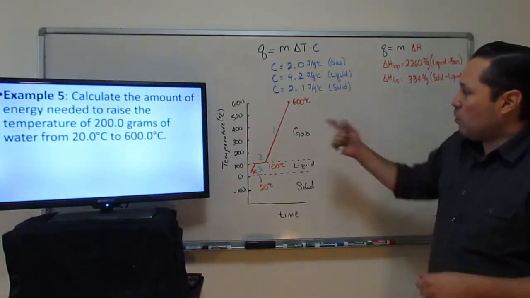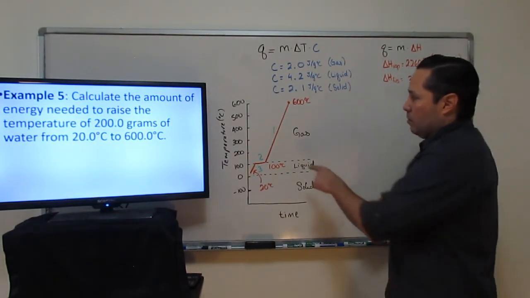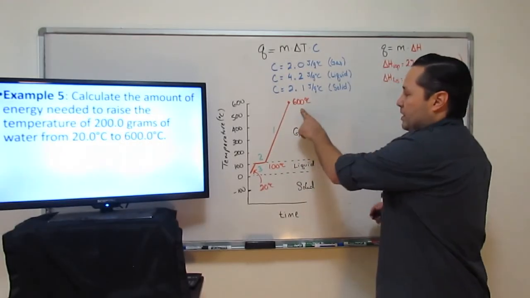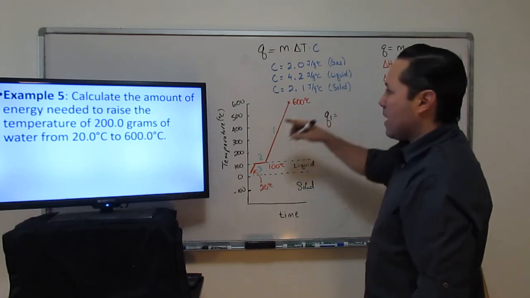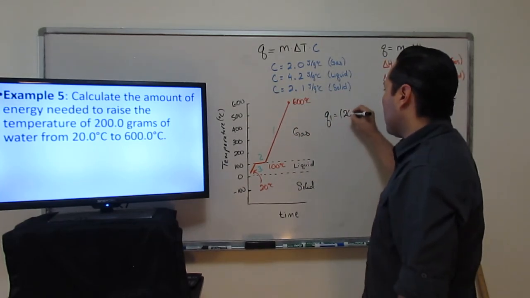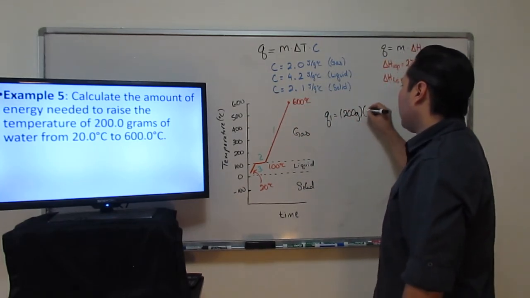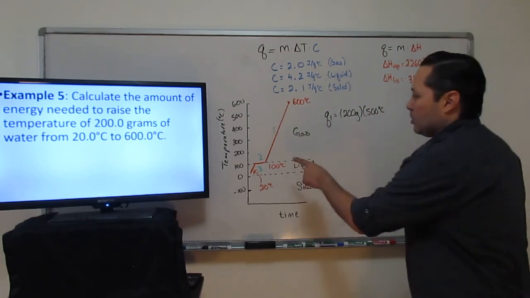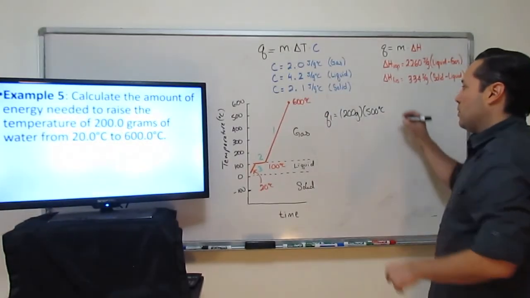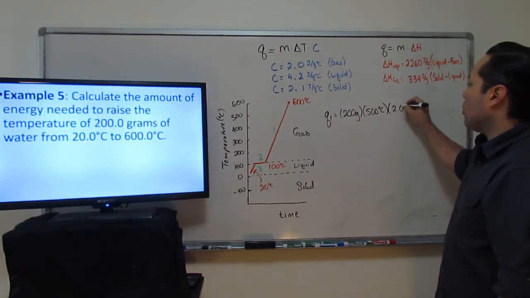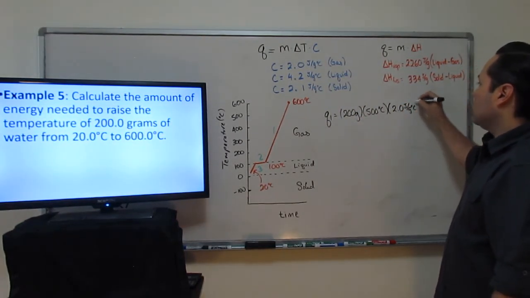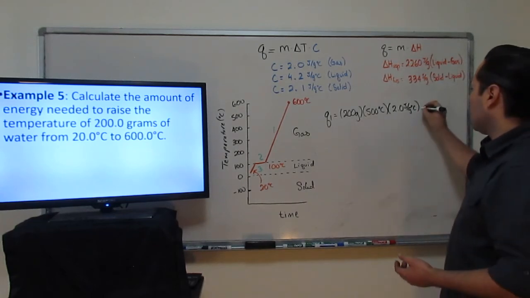For line 1, it's going to be from 100 all the way to 600 degrees Celsius. So I'm going to write down Q1. It's equal to the mass, which is given to us as 200 grams, multiplied by 500 degrees, because that's the difference between 100 and 600, multiplied by the gas phase specific heat, 2.0 joules per gram degree Celsius.